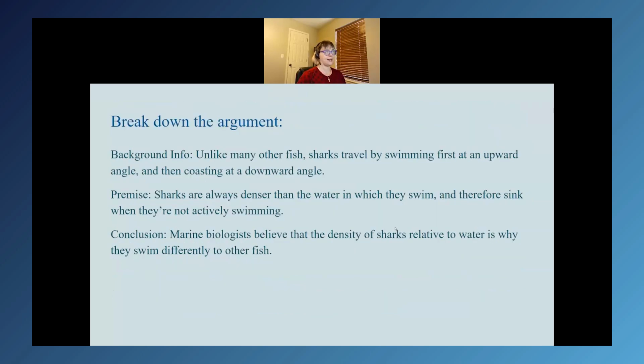So, sharks swim in this weird way. They swim upward and then they sort of coast downward. Sharks are also always denser than the water in which they swim. And therefore, if they are not actively swimming, they just sink like a rock. So the conclusion is that the marine biologists think the density of sharks relative to water is why sharks swim in this unusual way.